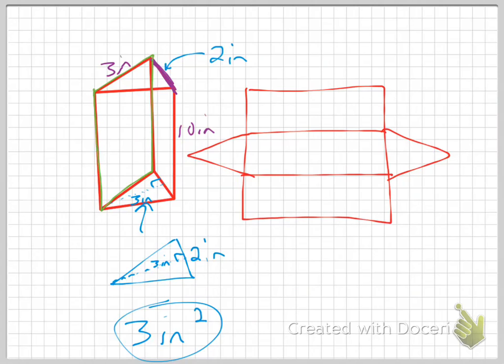Have I given you enough information to tell me the area of that side? Yes. Tell me the dimensions of it. It's 3 by 10. I didn't tell you that this was 10. How did you know that this thing right here was 10? Oh, if this is 10, then this is 10, and then this is also 10. So then 3 by 10 is 30.